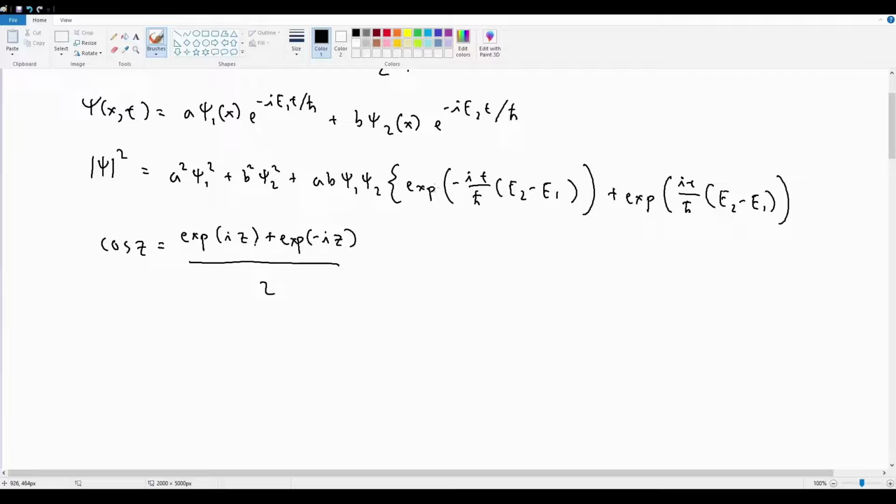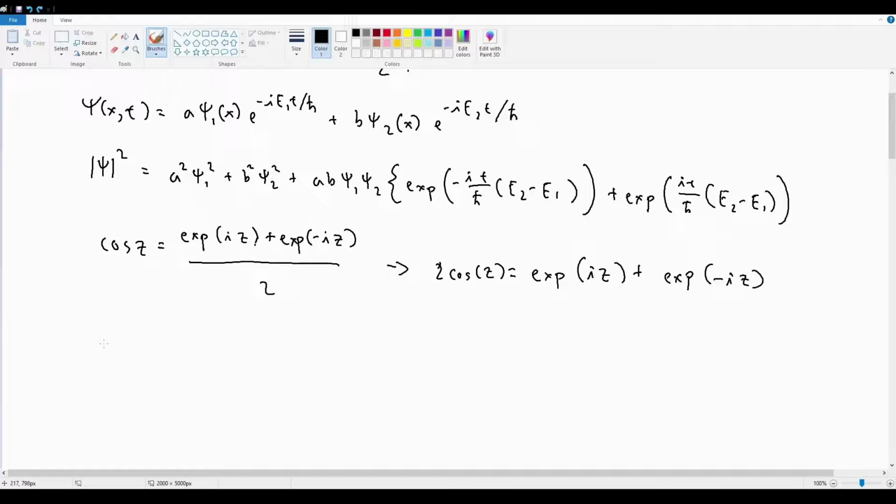So this means that 2 times cosine of z is equal to the exponential of iz plus the exponential of negative iz. In this case, z is going to be this inner term, right?